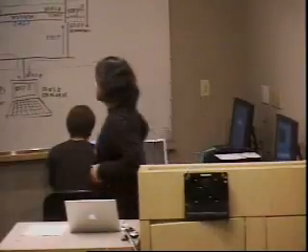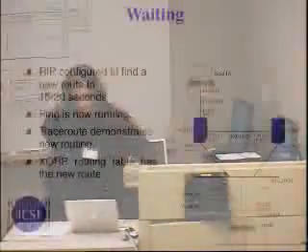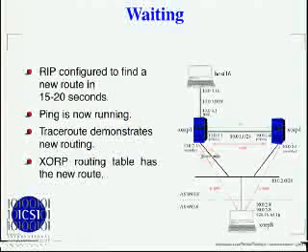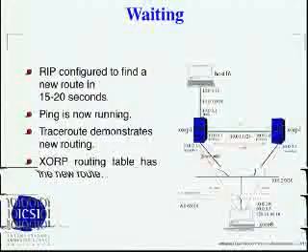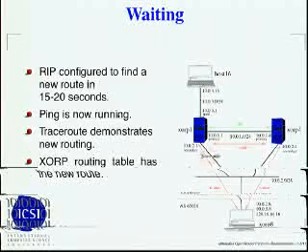Okay, good. So routing's converged, the cable is back in, and you can't see the slides. The route's configured 50 seconds, the ping is now running, and you can see the new routing table. Let Pavlin show me the new routing table.